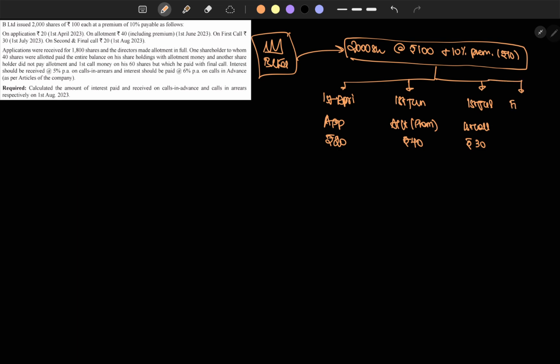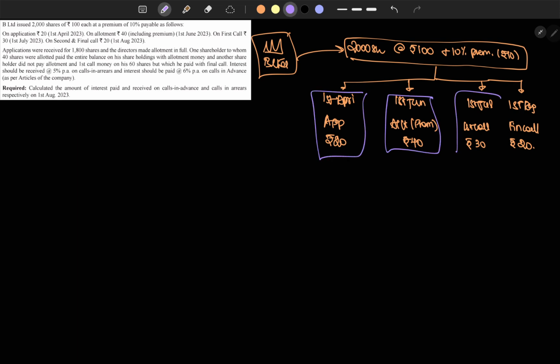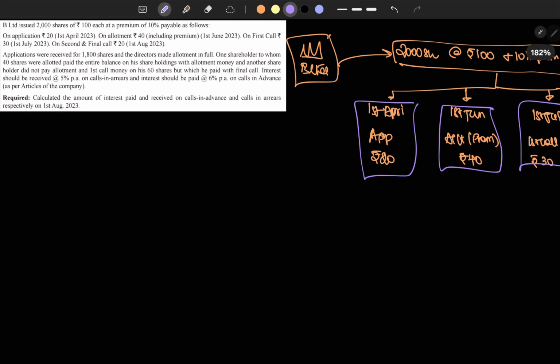On 1st August, we have a final call, rupees 20. Okay, that's it. Let's make this question in a pictorial format, and let's read further.